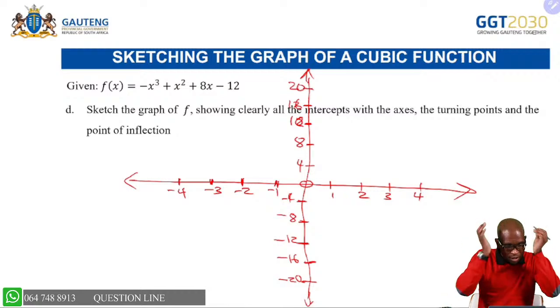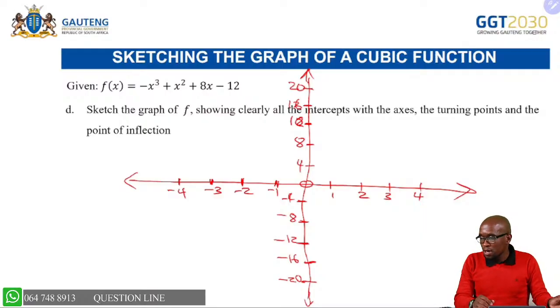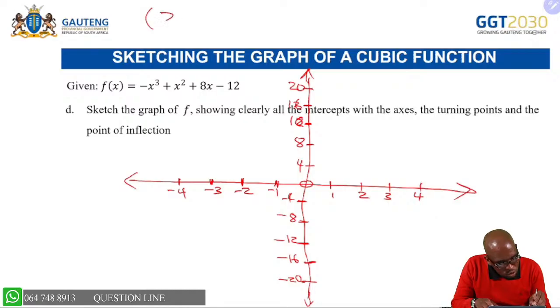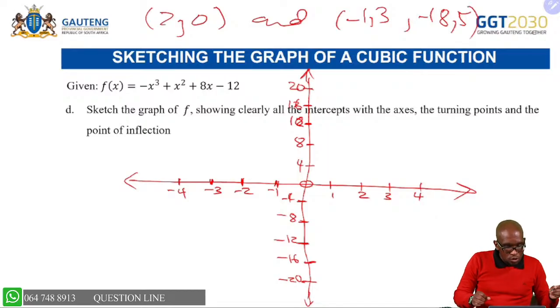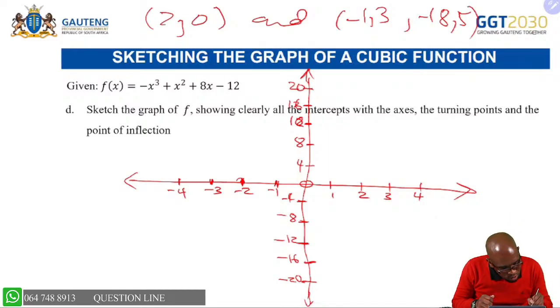Now I'm going to start with my stationary points. My stationary points there were given as, remember, I got 2 is to 0, and I also got minus 1.3 is to minus 18.5. So I'm going to start there. 2 is to 0 is my stationary point. I have a point there. And then I have x is minus 1.3 somewhere here when I approximate it.